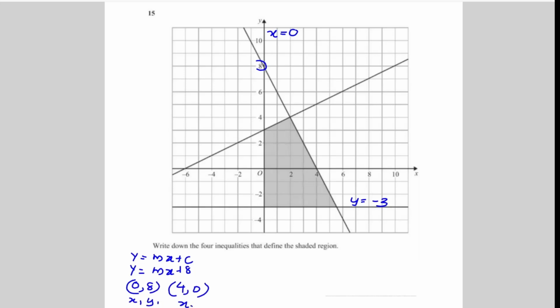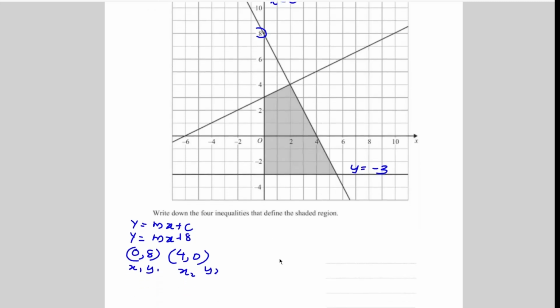This is x2, y2. Then we can get m, y difference over x difference, y2 minus y1 over x2 minus x1. Then m can be taken as 0 minus 8 over 4 minus 0.